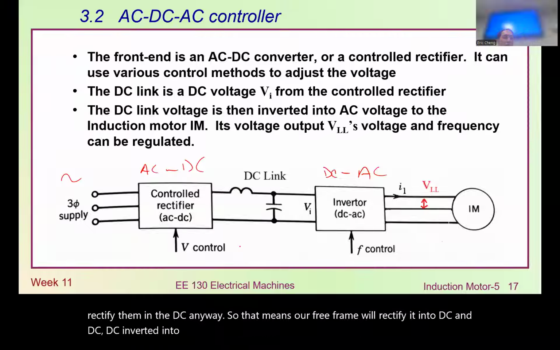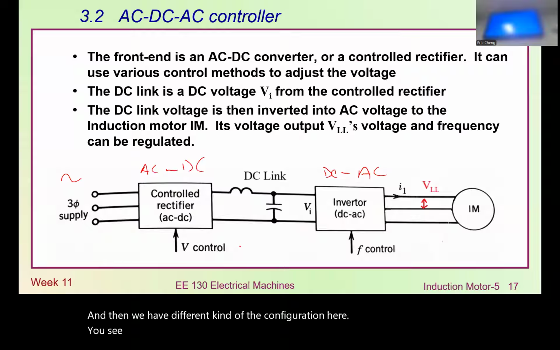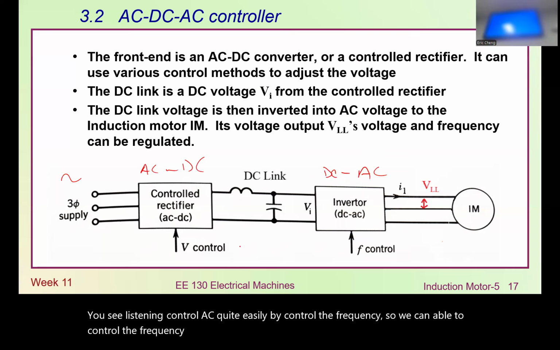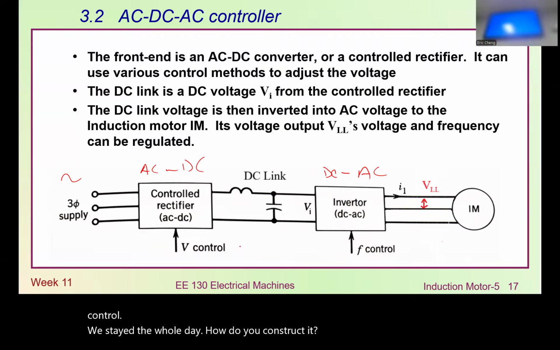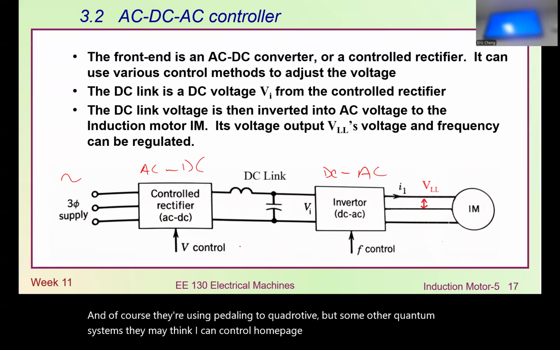And then we have different kinds of configurations here. You see, using an inverter, you can control the AC quite easily by controlling the frequency. So we are able to do the frequency control. And then in the old days, how do we control voltage? Of course, you can use PWM to control voltage. But some other control systems may think, oh, I can control voltage here by controlling the firing.